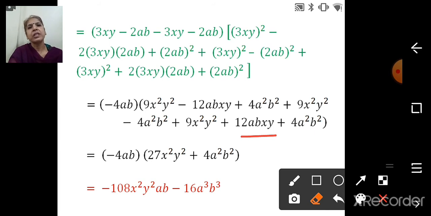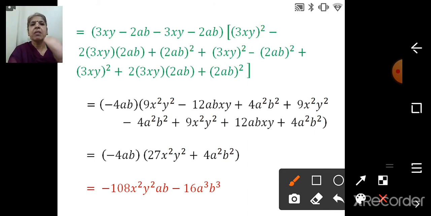You can also write 12xy ab. And then 2ab the whole square will give us 4a square b square. So children, if you observe the terms, you will get the same, only the difference is of sign.